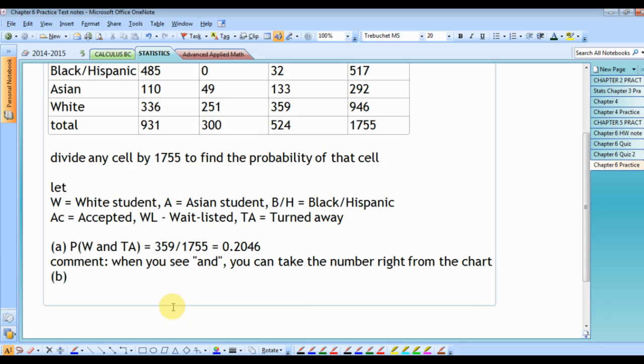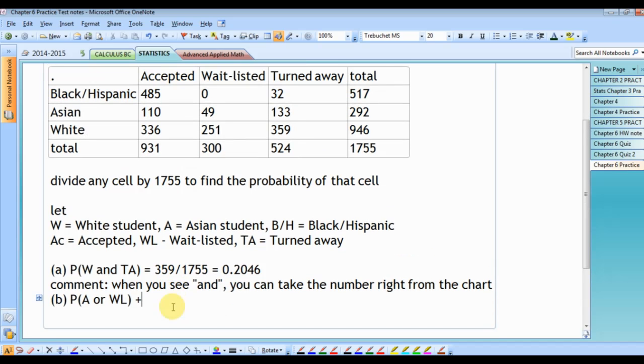B. Estimate the probability that a randomly selected applicant would be Asian or waitlisted. Probability of Asian or waitlisted. Okay, so let's remember how we do "or." First of all, we have to ask, are these independent?